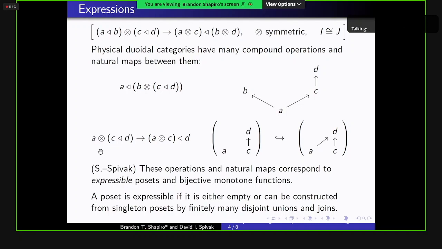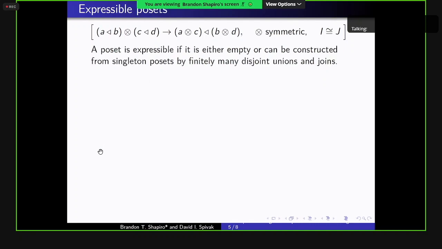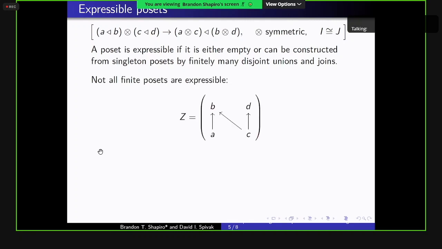And we can actually recognize when a poset is expressible. So we define it just in this inductive manner that sort of clearly corresponds to these expressions in a physical duoidal category. And then we find, okay, what's the simplest example of a finite poset which is not expressible?